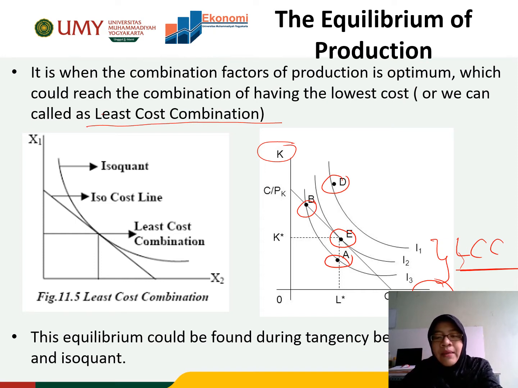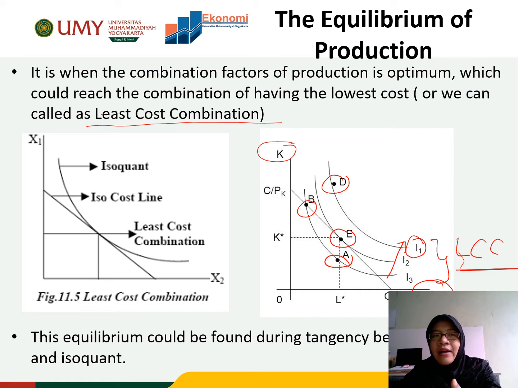So if you want to improve your production, like in here, you need to increase your isocost line. So you have to think that you need to upgrade your capital and upgrade your labor. These are the things that you need to recognize.